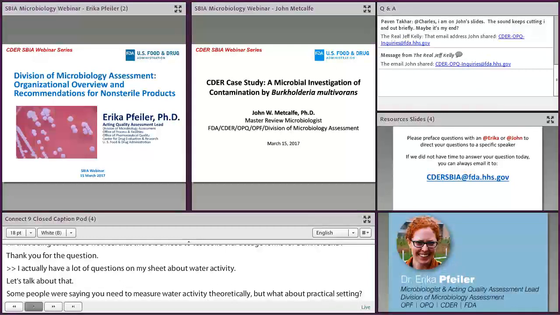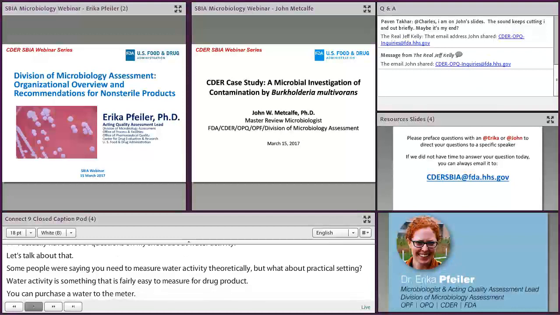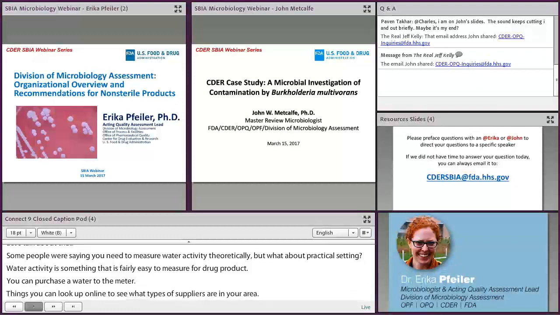You could purchase a water activity meter, and things that you can look up online and see what kinds of suppliers are out there for them in your area, and use that water activity meter to assess the water activity of your finished product, and whether or not that changes over its shelf life. This is definitely something that's fairly easy to address.